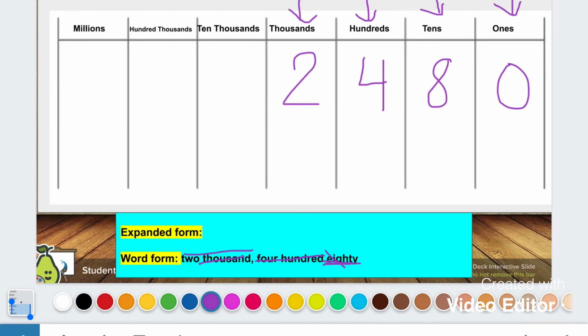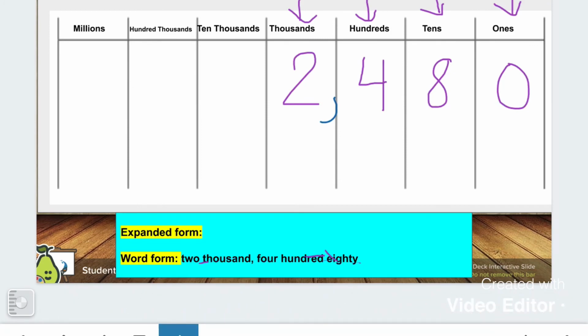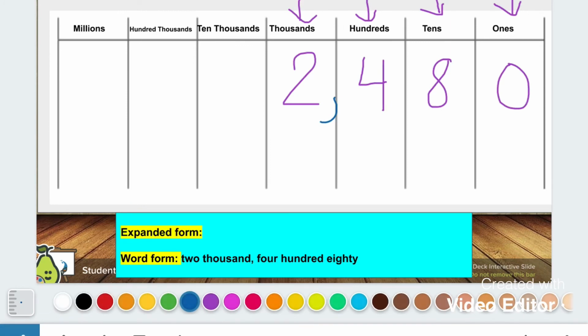Don't forget those commas. In between what 2 numbers am I going to place my comma? That's right, in between the 2 and the 4. You guys, we've now successfully written our number 2 ways. Let's write it 3 ways.